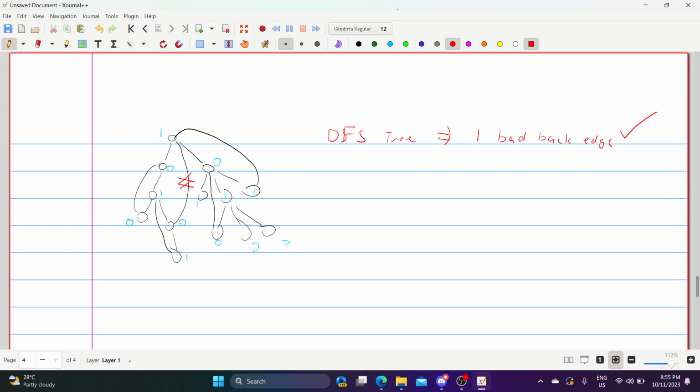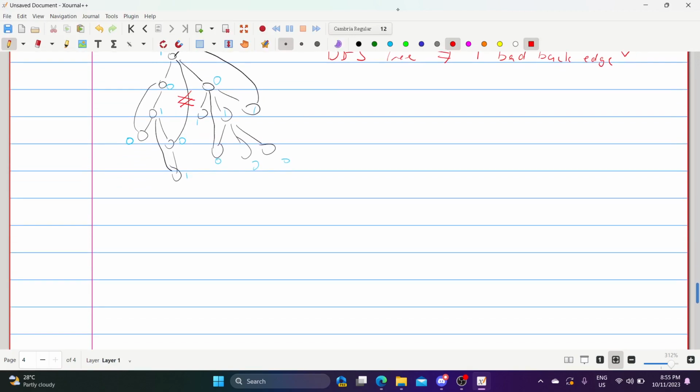Otherwise, if there are multiple bad edges, then it's a bit tricky. For this case, we need to start considering what happens if we remove a tree edge. Okay, so for this case, let's say that we maintain a set of back edges that are bad.